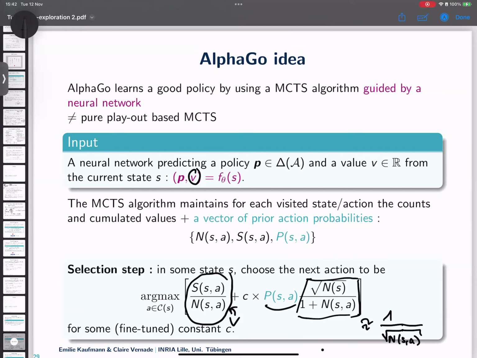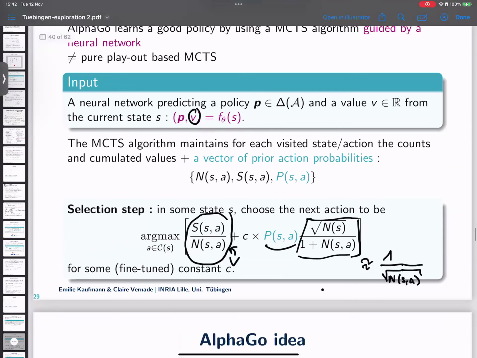Generally, you build an optimistic score for each of the actions in your root node, and you explore the tree using these optimistic and pessimistic values to go through the max and the min nodes, just as we saw before. Now the question is, how do we actually train this neural network?